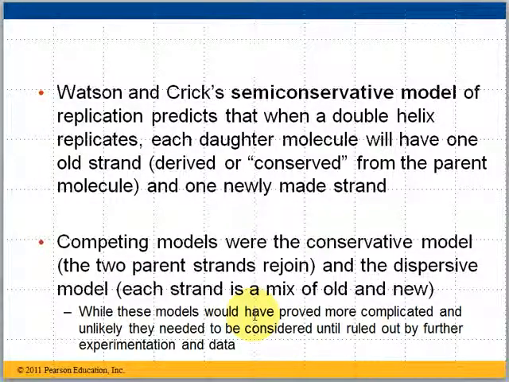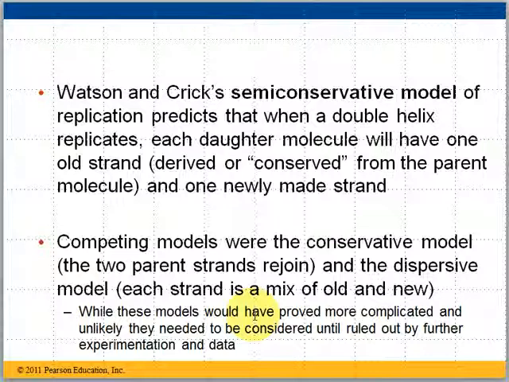Watson and Crick's semi-conservative model of replication predicts that when a double helix replicates, each daughter molecule will have one old strand, that's the part that we say is conserved from the parent molecule, and one newly made strand. Early on, there were some other possibilities that scientists considered. There were some other competing models.